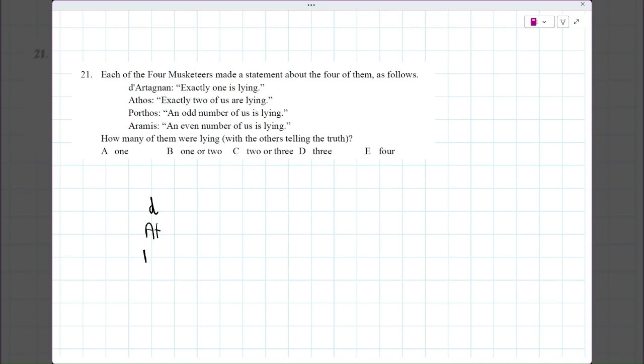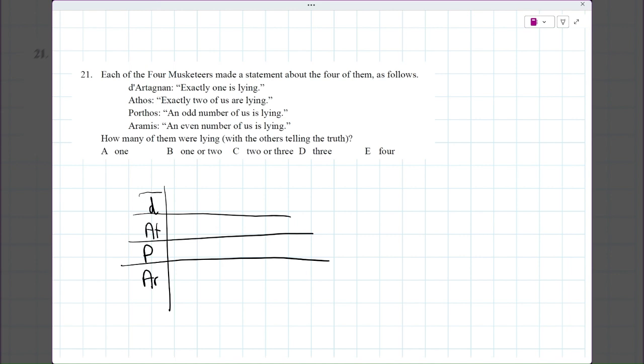Then we've got Porthos, and then Aramis. And what I do is I say, well, let's imagine situation 1 is that D is telling the truth, which means exactly one person is lying. And then see if you reach a contradiction.